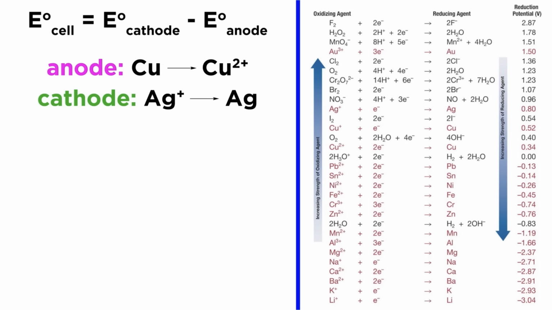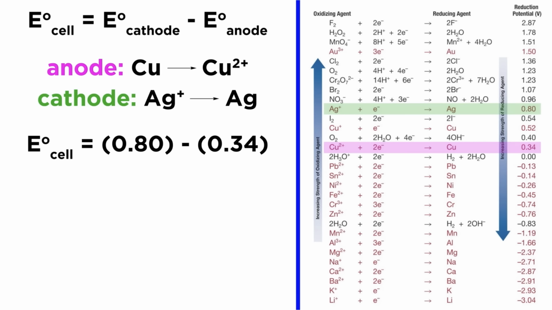For example, a cell with a copper anode and a silver cathode will have a cell potential according to this equation. We just take E cathode, in this case silver, and subtract from that E anode, in this case copper. The tabulated standard reduction potentials for these materials, as we saw earlier, are 0.8 volts for silver and 0.34 volts for copper, so we will get 0.46 volts.